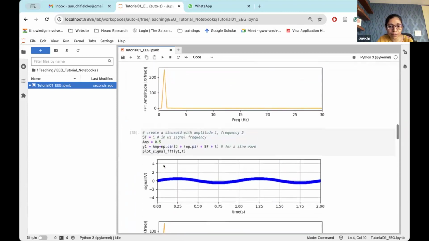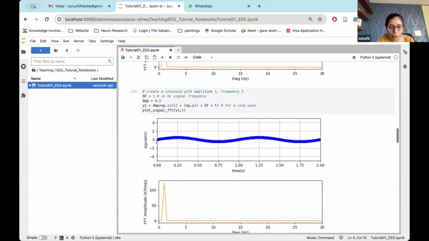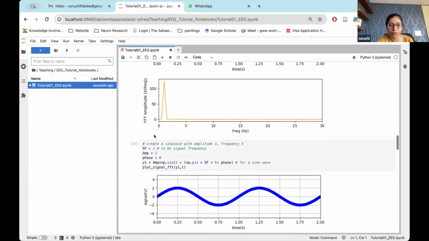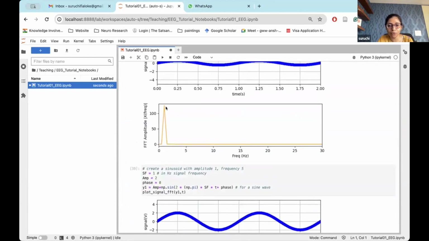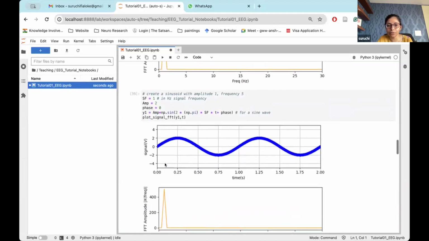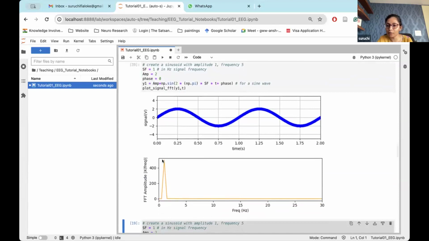Now here we were changing the amplitude from 0.5 to 2. So it will also give you the amplitude difference. Here with 0.5 it was giving you an amplitude of 150-ish, here it's giving you 450. Because we made it higher, it's giving you a higher value here as well.